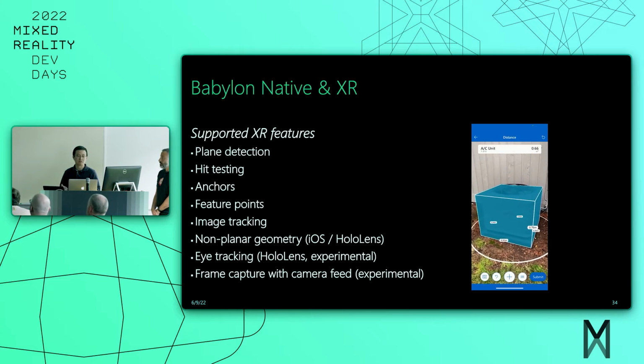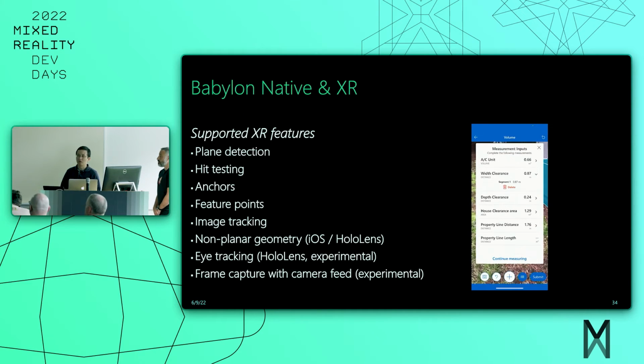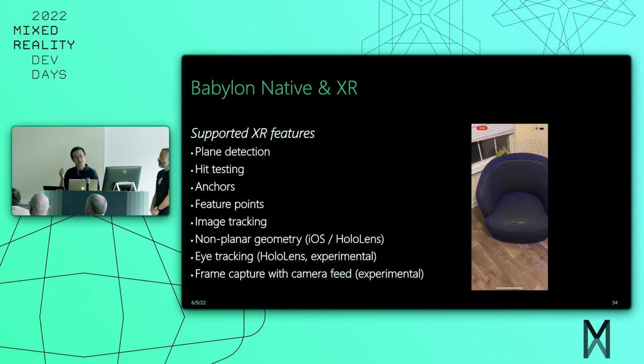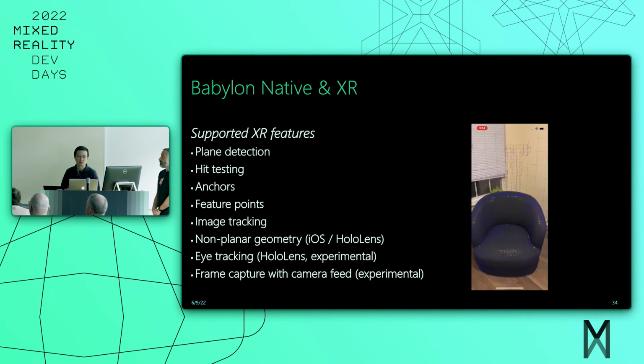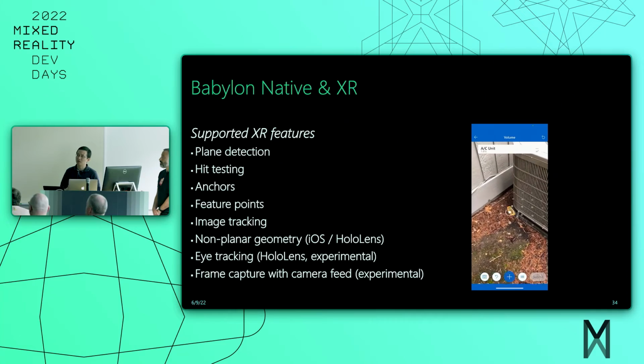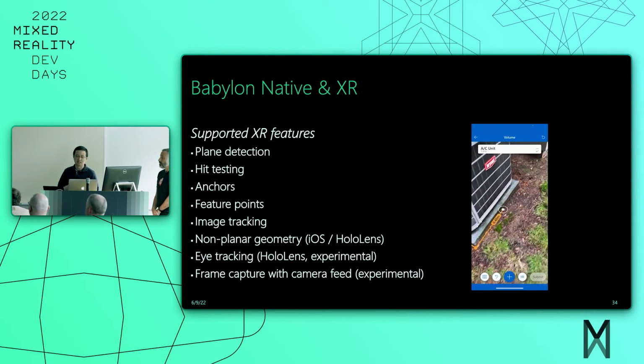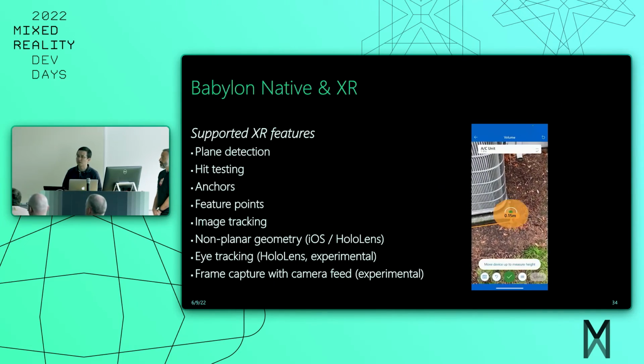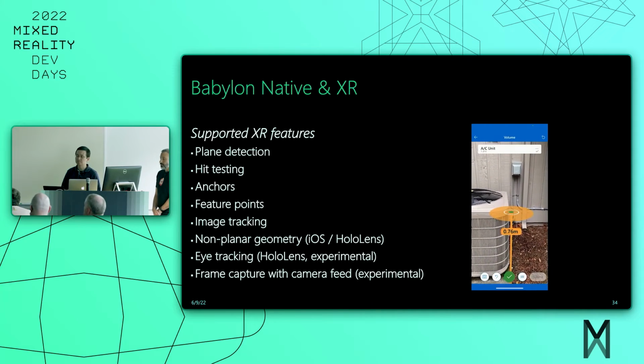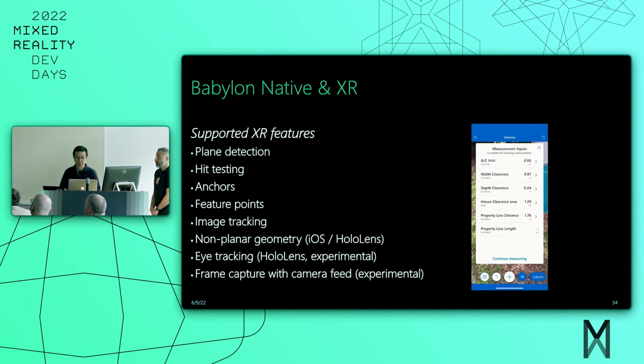We also support anchors, raw feature points, image tracking, which I'll show in a second, eye tracking, which is experimental on HoloLens, as well as frame capture with the camera feed. There is an experimental draft spec for a camera feed in WebXR, but it's not quite ready yet. But we can do this now.